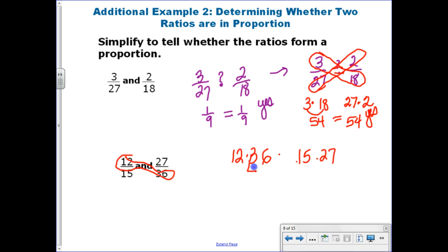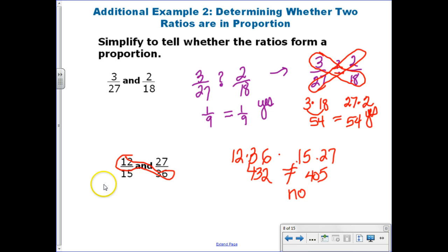Over here, 15 times 27, already I'm skeptical because I know when I take a 5 and a 7, it's going to end in a 5. I get 405. These are not equal to each other, which tells me it's not a proportion.